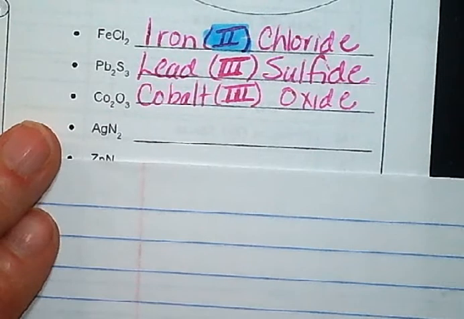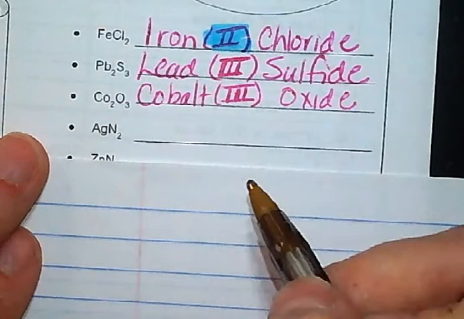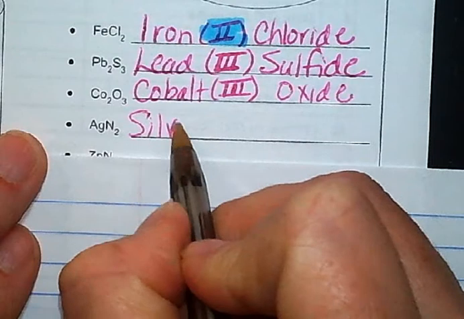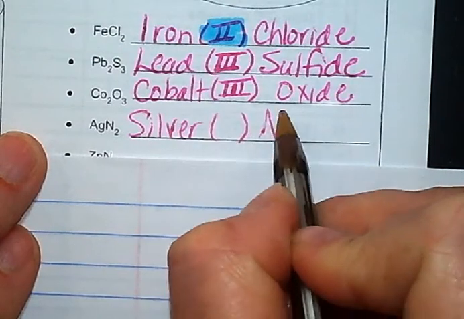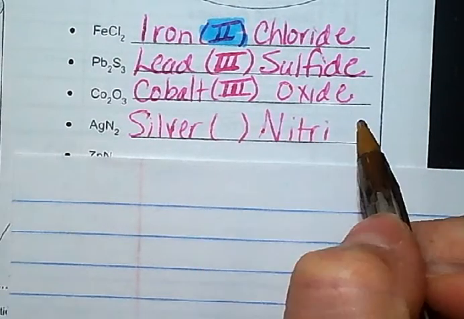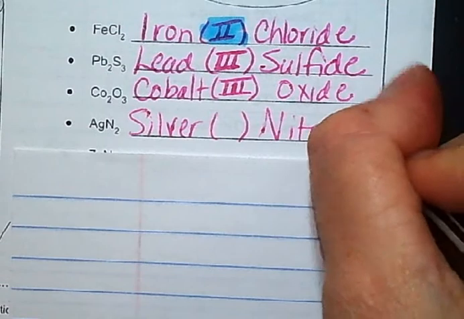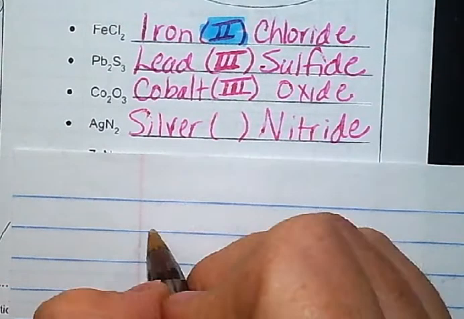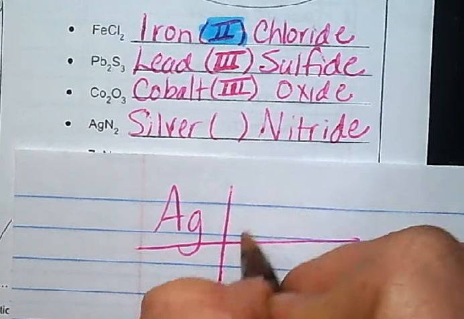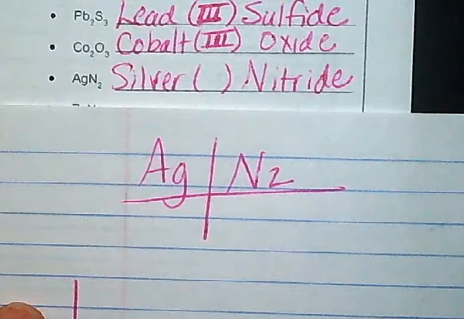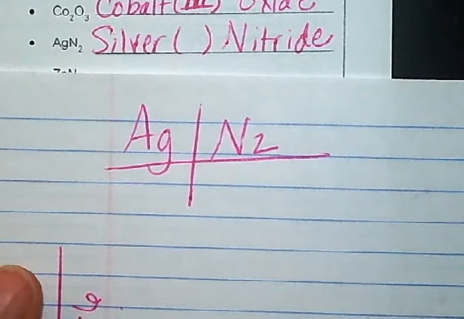All right, let's look at the next one. AgN2. What do I know? Silver. That's right, I know silver something, and when nitrogen bonds it becomes nitride. So to figure it out, start with the oxidation number of nitrogen.